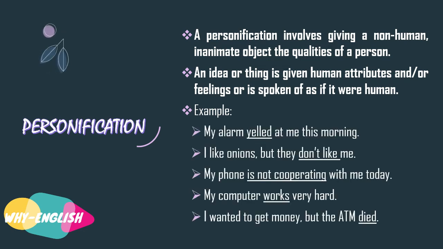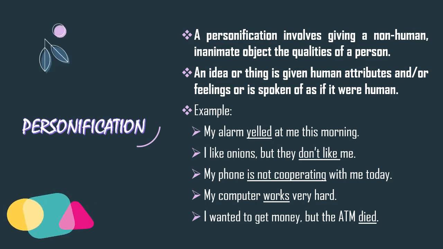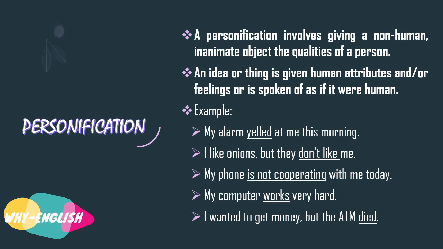For example, my alarm yelled at me this morning. Alarmku berteriak-teriak kepadaku pagi ini. Jadi alarm ini dianggap bisa berteriak seperti manusia. And then, my computer works very hard. Komputerku bekerja sangat keras.